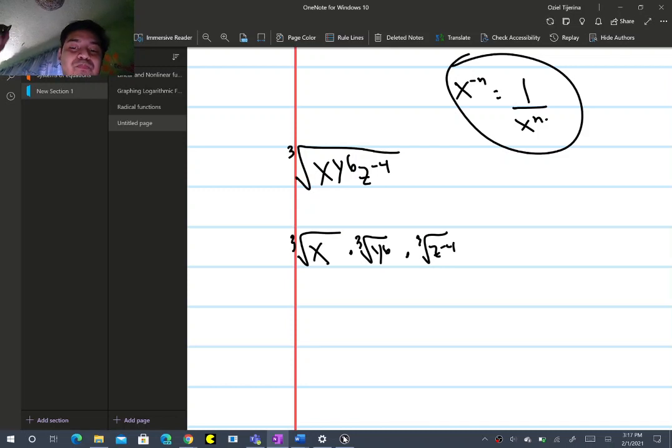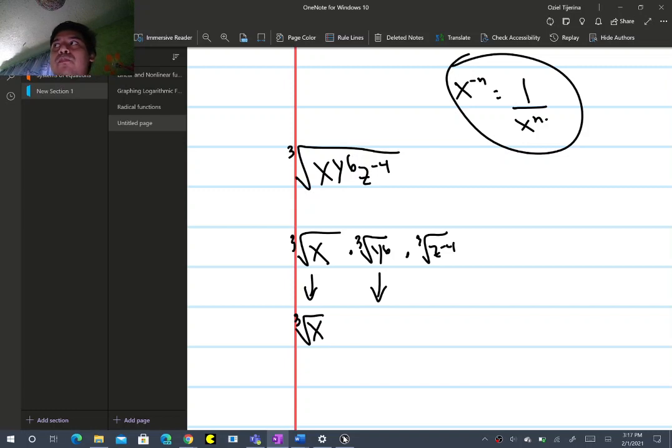Now, the cubed root of x stays the same, so nothing happens to that one. The cubed root of y to the 6, we can do this two ways.